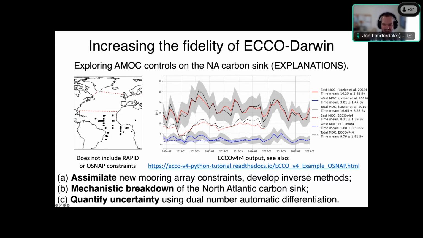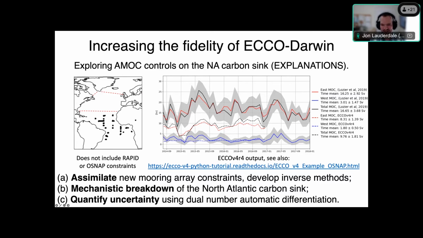You can see an initial analysis of a slightly different version of ECCO than what I showed before, ECCO version 4. It compares interestingly to the OSNAP array in terms of overturning circulation. You can see that it gets some of the variability right, but not necessarily the magnitude of the overturning.